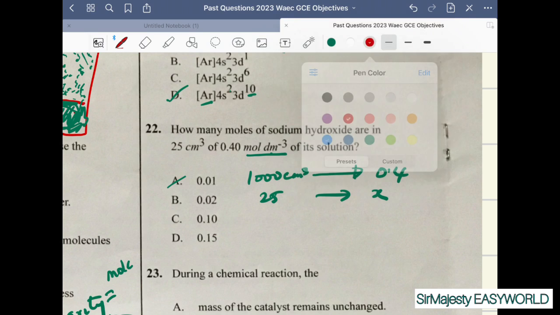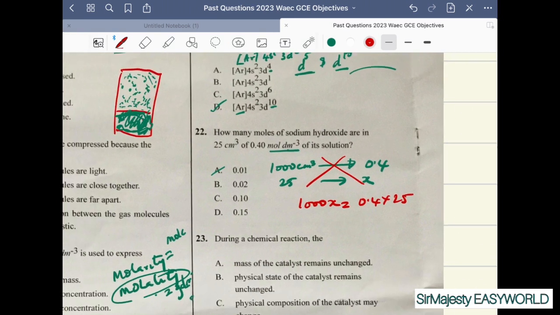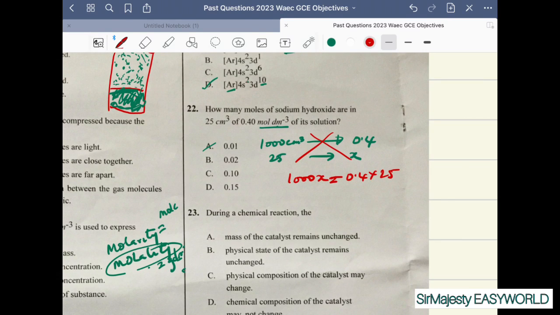We have 1000x is equal to 0.4 times 25, such that x alone is equal to 0.4 times 25 divided by 1000.